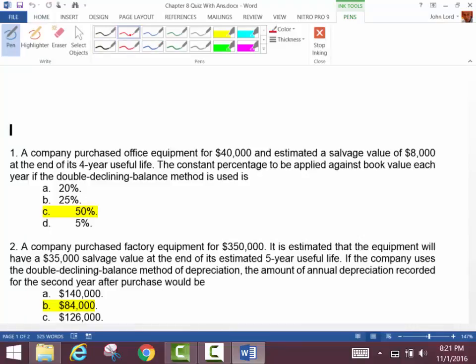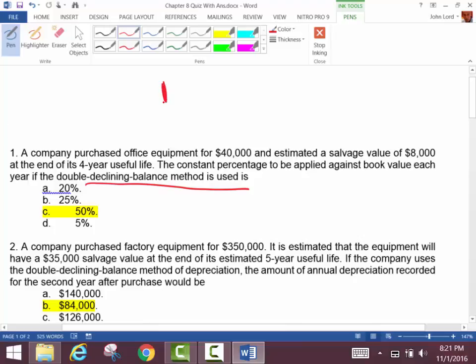A company purchased office equipment for $40,000, estimated salvage value of $8,000 at the end of its 4-year useful life. What is the constant percentage to be applied against book value each year if double declining balance is used? And what do we do? We take the straight line.